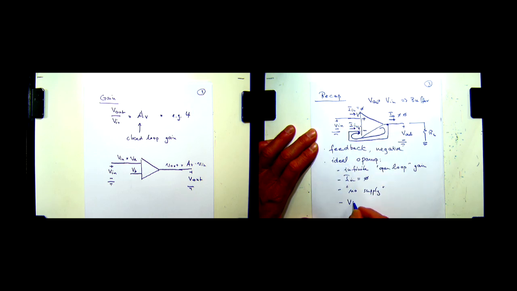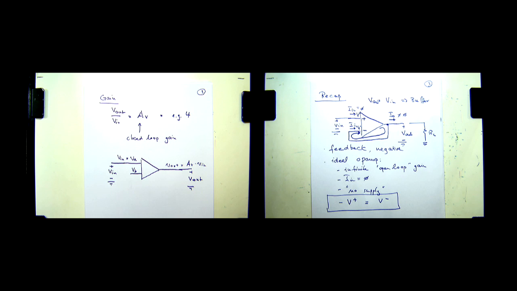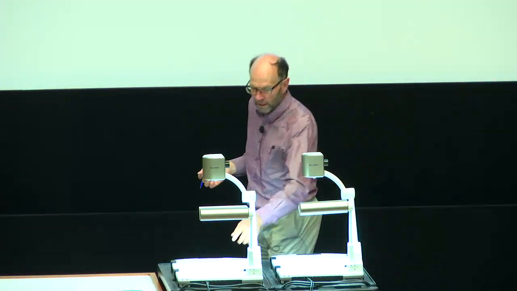The important thing is V plus is equal to V minus. If we have negative feedback and the operational amplifier is ideal, then this is met. That's the most important thing. In fact, some people call this the golden rule. Doesn't matter, call it whatever you like. If you have negative feedback and the op-amp is ideal, then the voltages at the 2 input terminals, V plus and V minus, or VA and VB with this nomenclature, are equal.